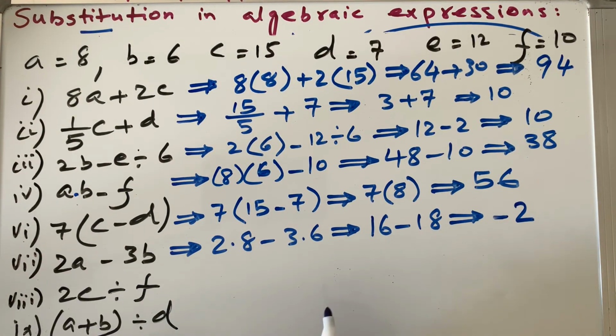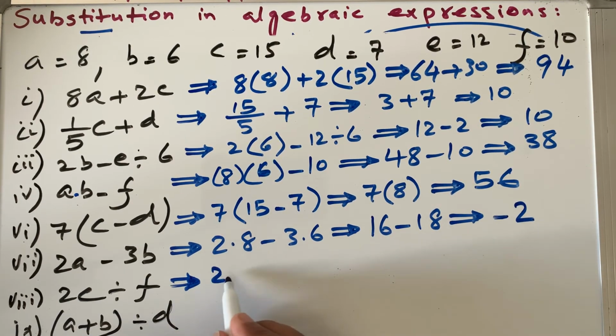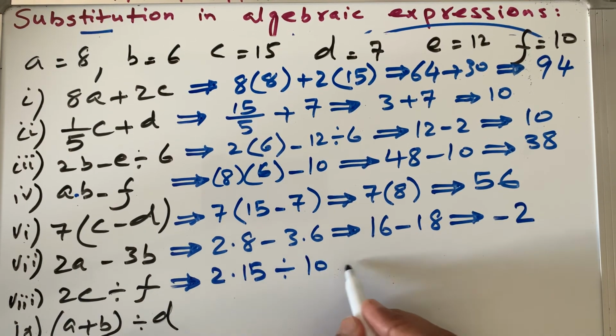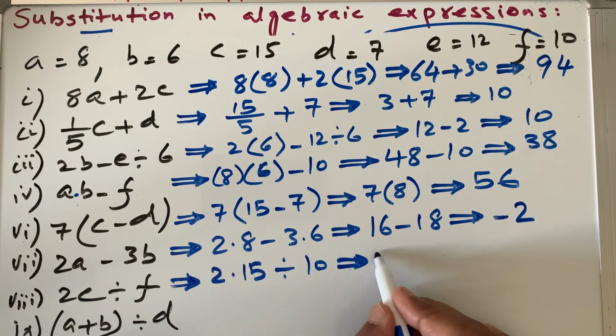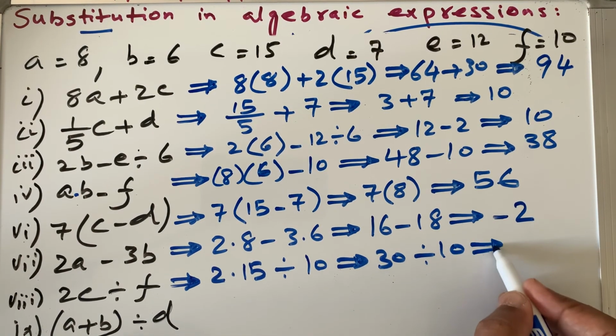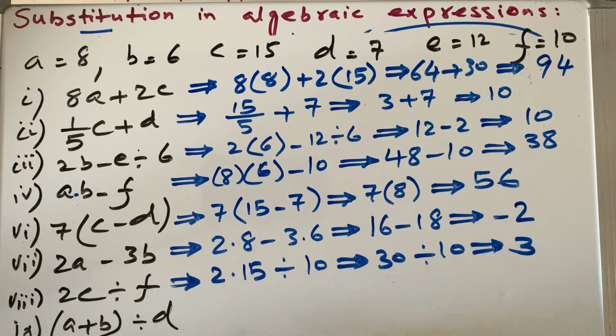Okay, so now we go into the next one. So 2 times c, c is 15, divided by f, f is 10. And 2 times 15 will give you 30. Divided by 10 will give you 3 as an answer, right?